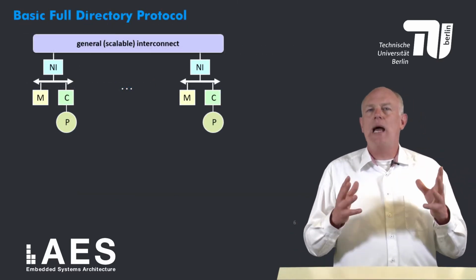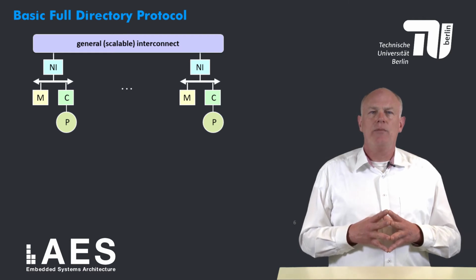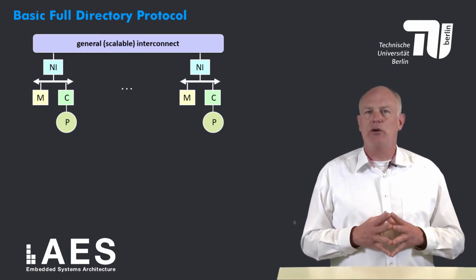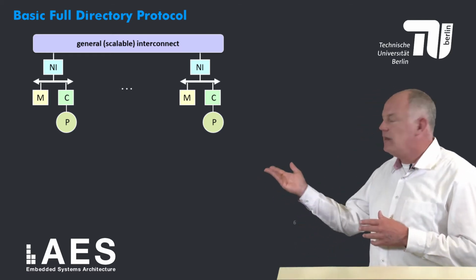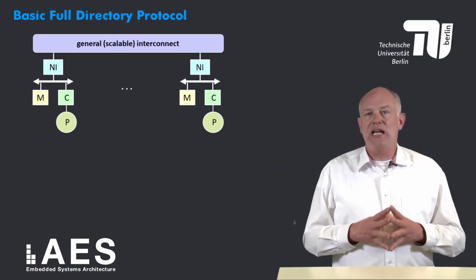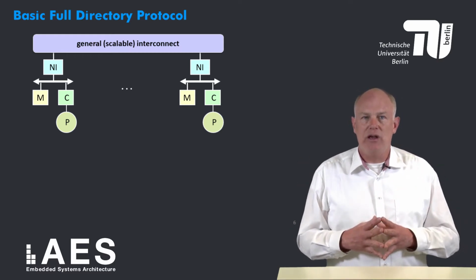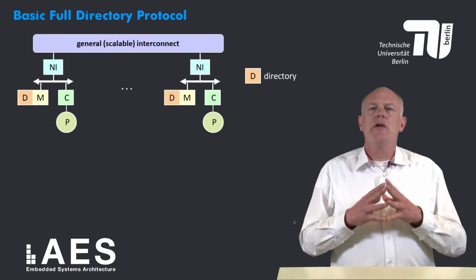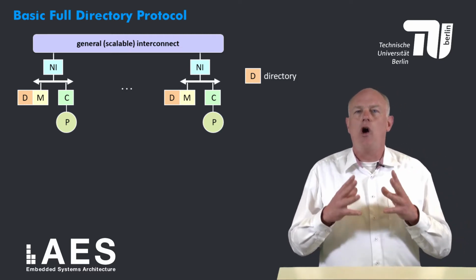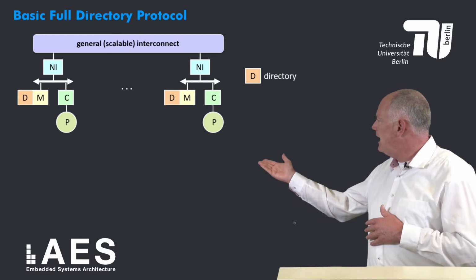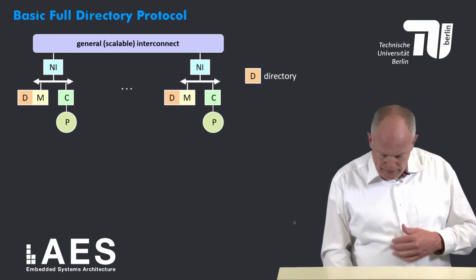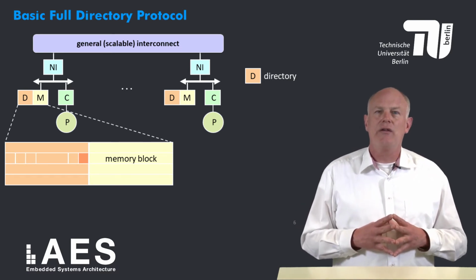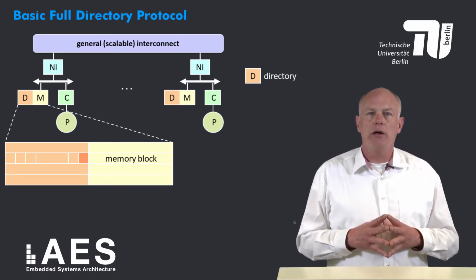I will now describe a basic directory protocol. This protocol is called the full bit vector or presence flag vector protocol. On this slide, I show the same figure as before, a distributed shared memory system. First, we distribute the directory along with the memory as shown here in orange. Every piece of the directory consists of a number of directory entries, one for every memory block.